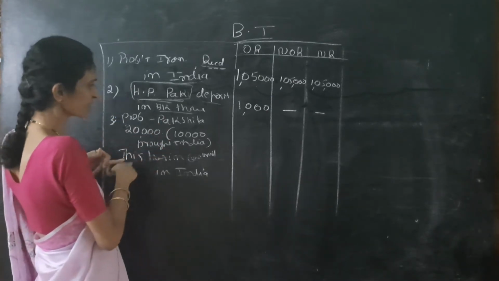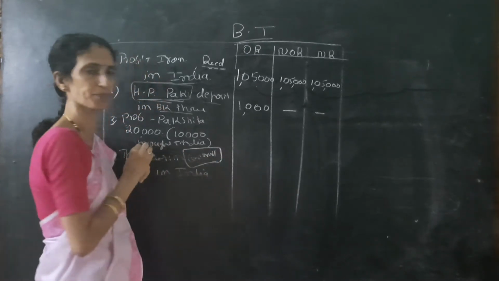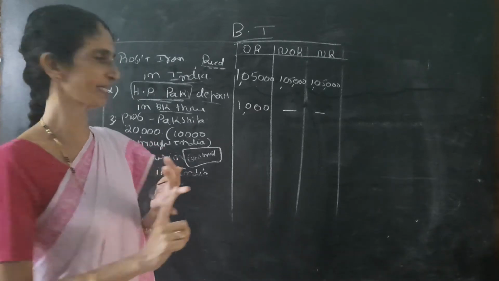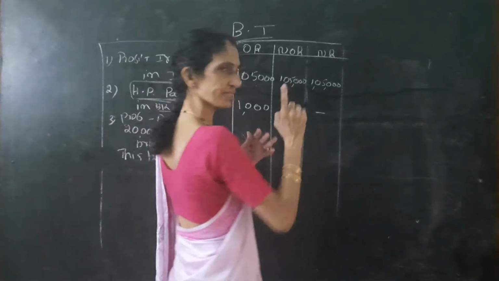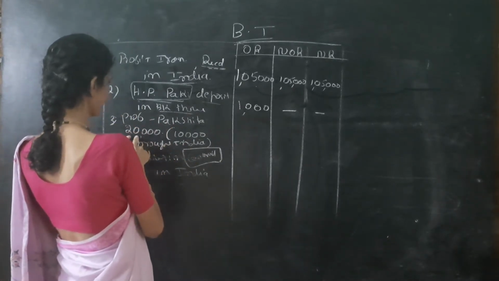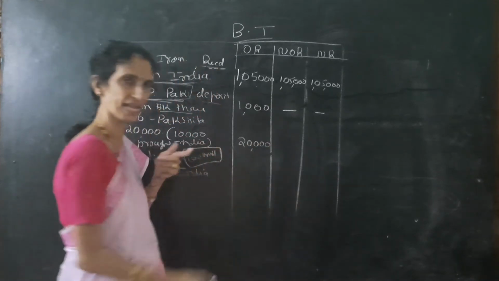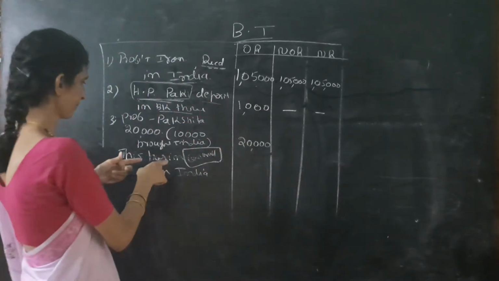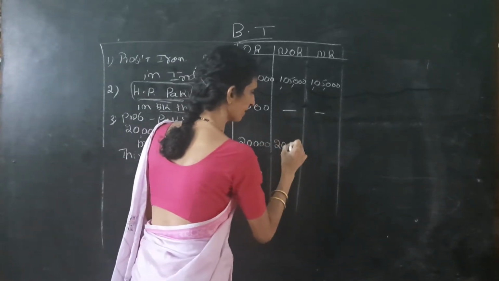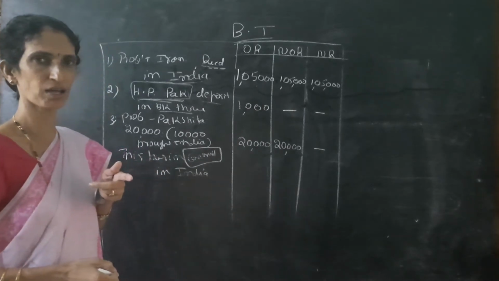Then this business is controlled in India. This is important: if the business is set up in India and controlled in India, then two columns yes. For the 20,000, foreign income means the first column is taxable. Then controlled in India means the second column is also yes.